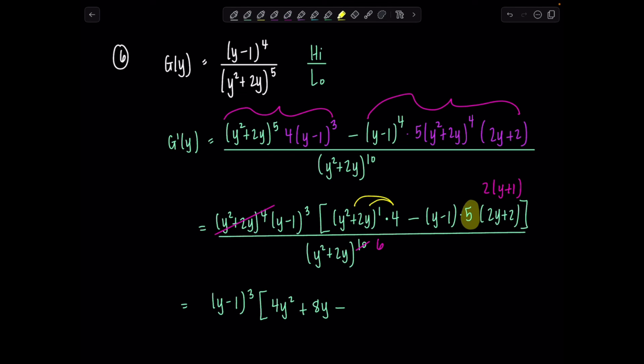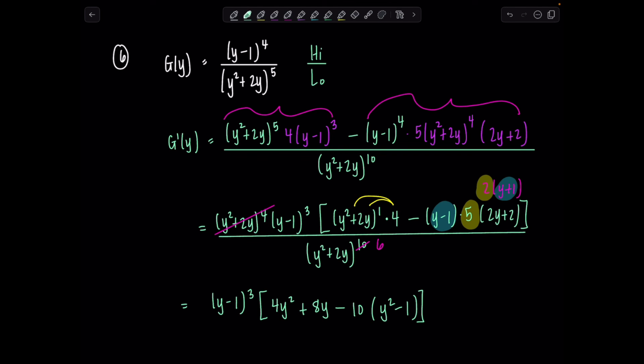So really over here I have 5 times 2, that's 10. Do you guys know what y minus 1 times y plus 1 is? Those are conjugates. It's going to give a difference of squares. That's y squared minus 1.